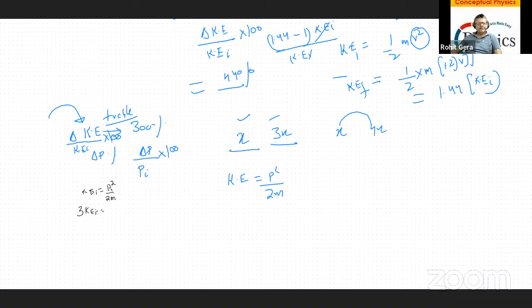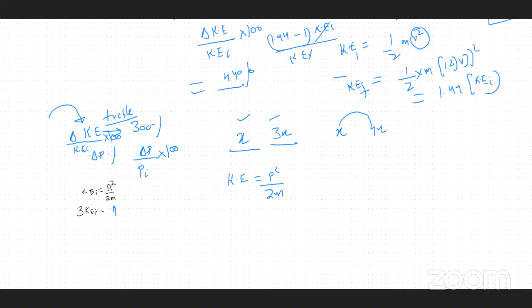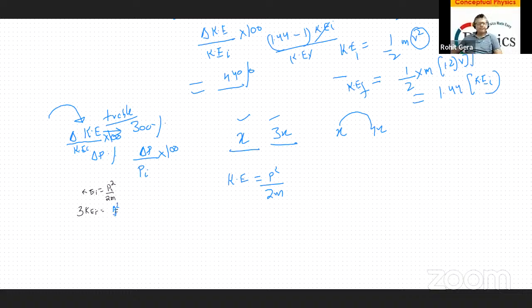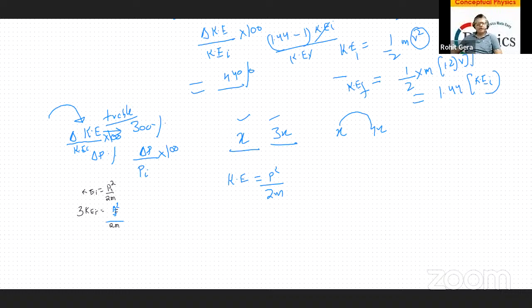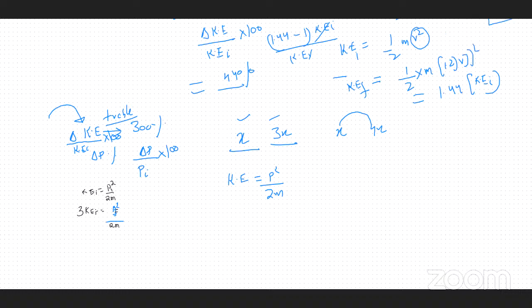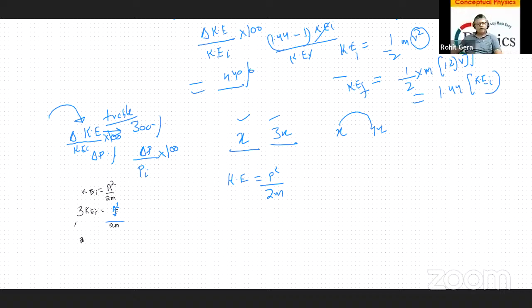Write PF here, PI, by 2m. Divide these two. So PI square upon PF square is equal to 1 by 3. Divide this by this, inverted. Do it. I'm good.